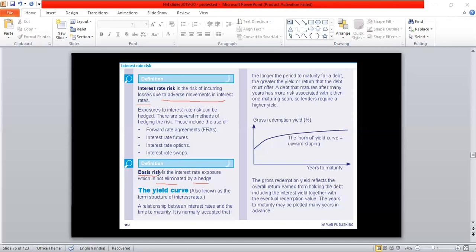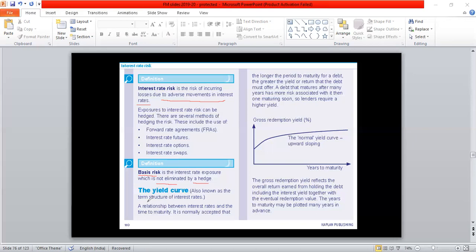There is a yield curve. When you learn about bonds, there are various theories which you learn. Maybe some other time, in some other paper, you would be learning that. And they get affected because of the interest rates. Interest rates are not always fixed, they are fluctuating.